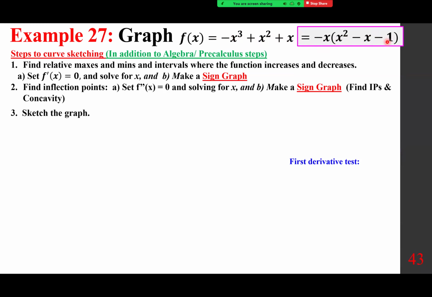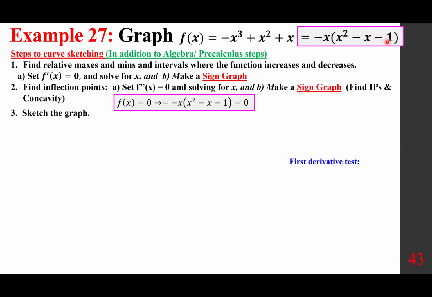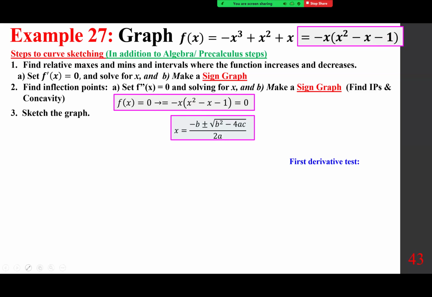You set the other factor equal to 0, and we can use the quadratic formula, because b squared minus 4ac is not a perfect square. So in this case we are going to use the quadratic formula, where a is 1, b is negative 1, c is negative 1.